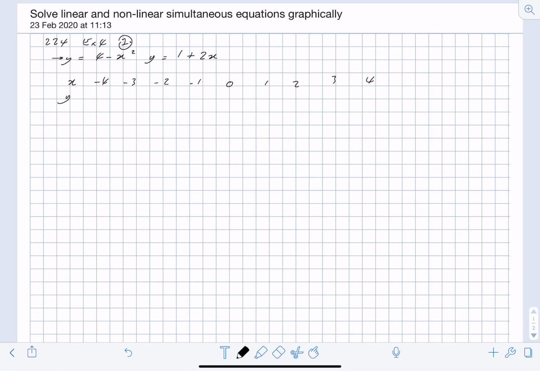Well, -4 squared is 16, so 4 minus 16 is going to be -12. 4 minus 9 is going to be -5. 4 minus 4 is 0. That's nice. Then 4 minus 1 is 3. That's going to be 4. And then it's the same on the other side because it's symmetric.